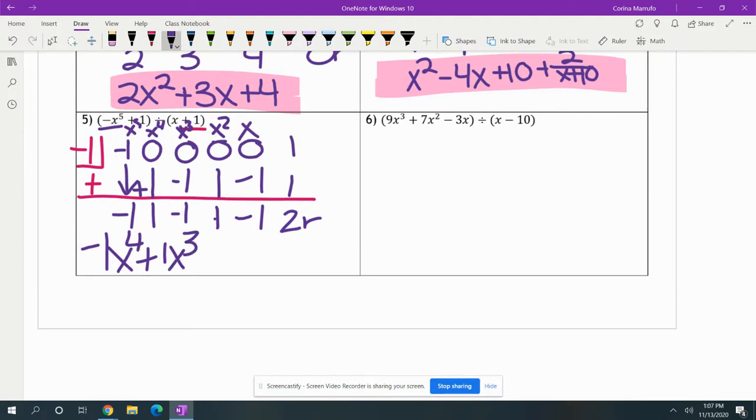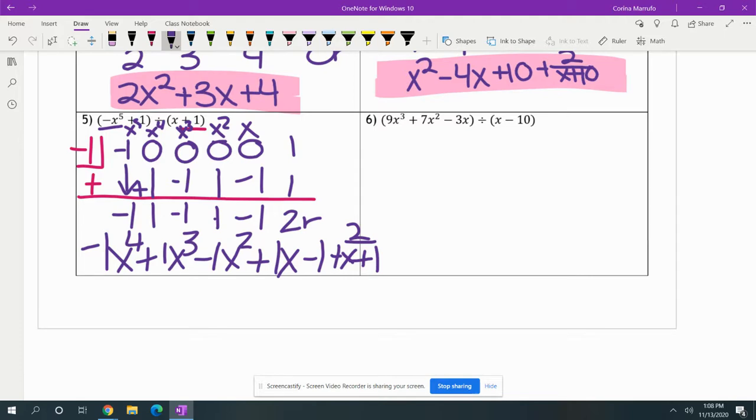And then the next one is going to be minus 1x to the 2nd power. The next one is a positive 1x. And then we have the minus 1. And then the 2 at the very end is going to be our remainder, and you write it over your divisor, which is x plus 1. And that's it.